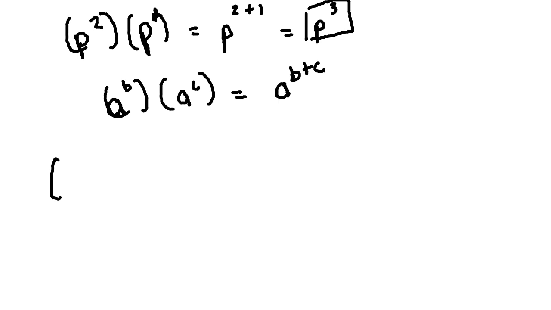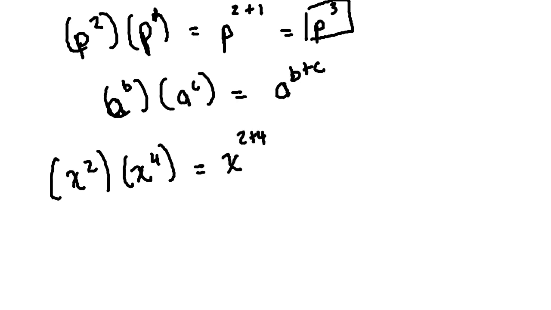So let's say I had an x squared times an x to the 4. Then I would get x to the 2 plus 4. Again, you don't have to write that part, but we're just going to do that for the beginning. So I would get x to the power of 6. So let's go back to the PowerPoint.